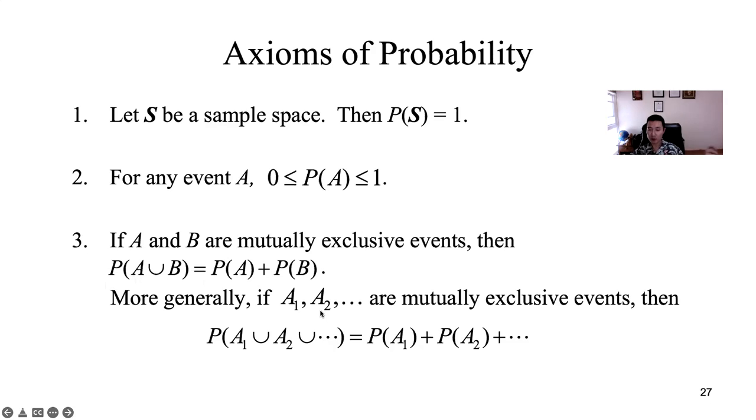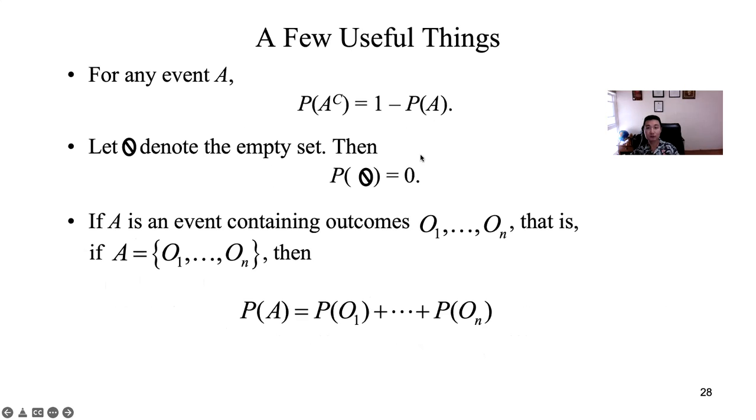If we have more than 2 events, this also holds true. For any event A, what is P(A^C)? C is for complement. So A^C means the complement of A, or not A. So P(A^C), the probability A does not occur, is equal to 1 minus the probability A occurs.